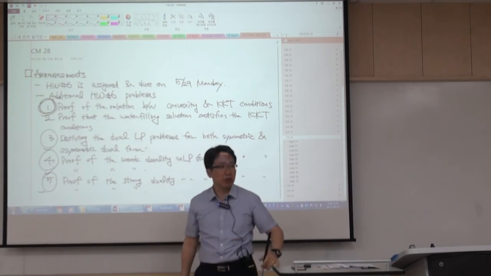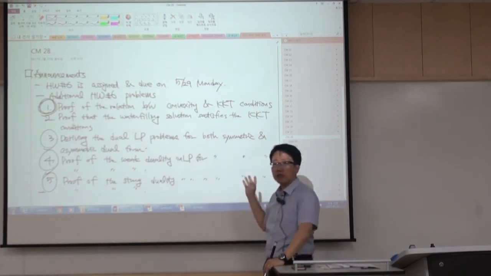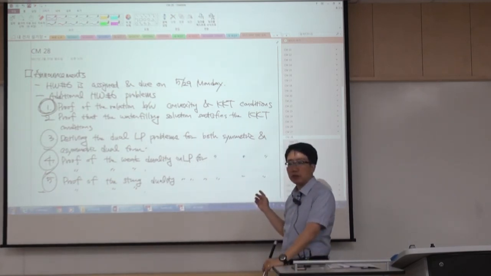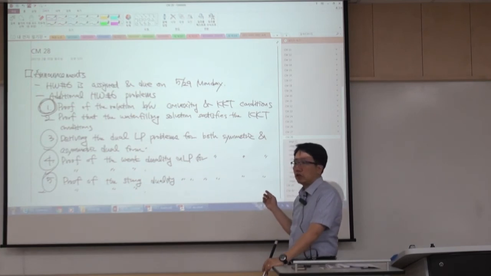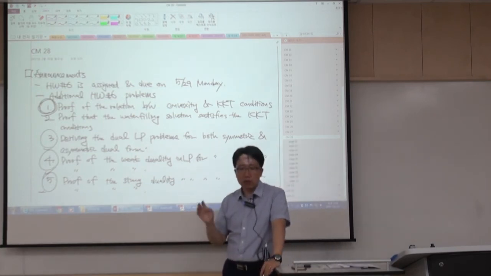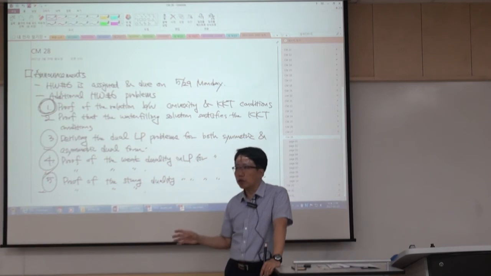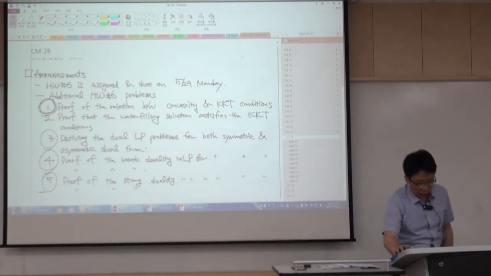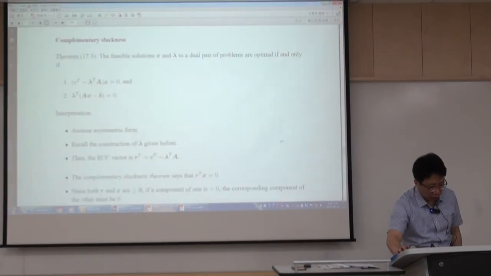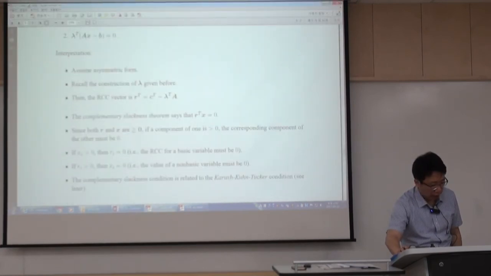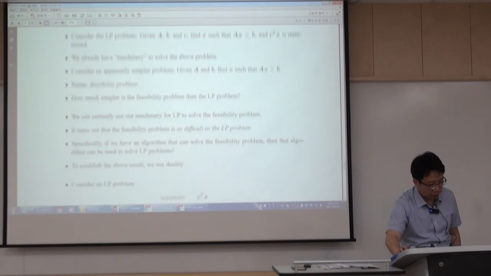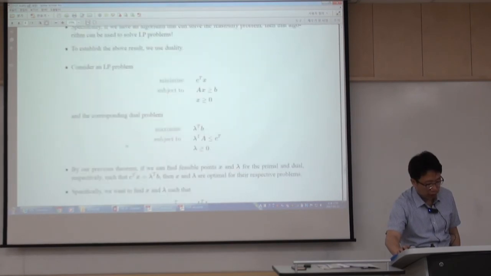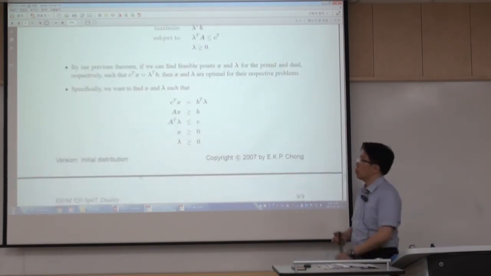A special convex optimization problem. Got it? So finding the optimal solution for the primal and dual is equivalent to solving a feasibility problem. However, the authors say don't be misled. The feasibility problem is as hard as the original LP problem.